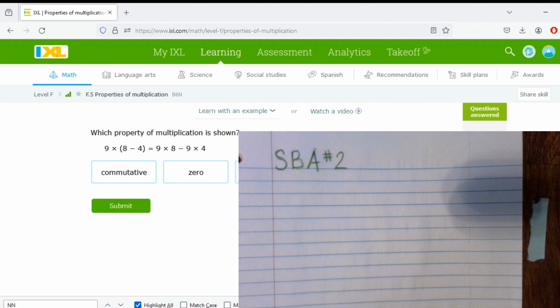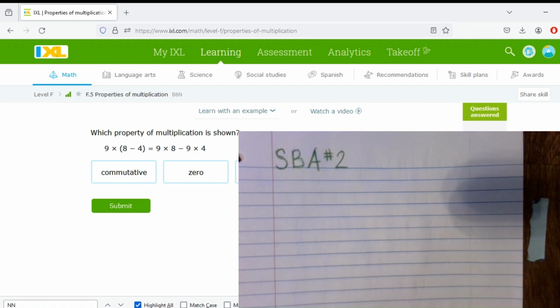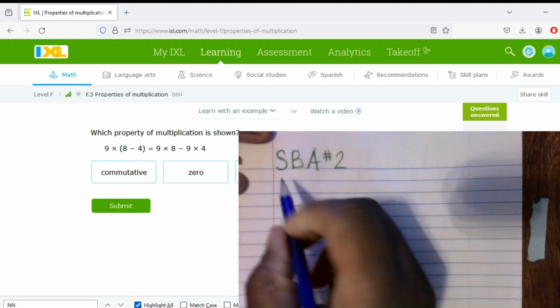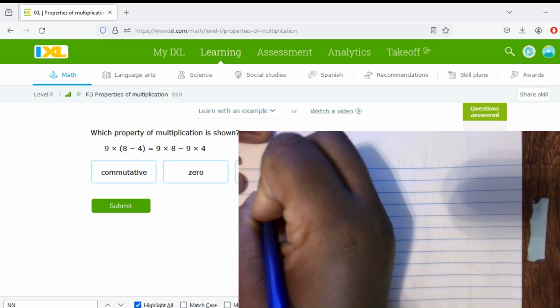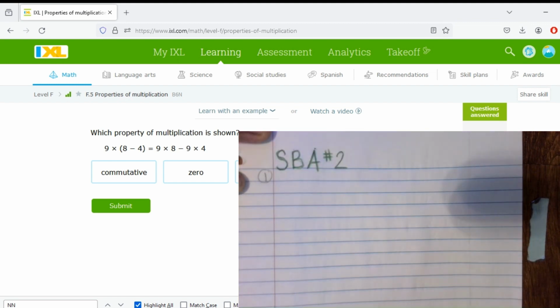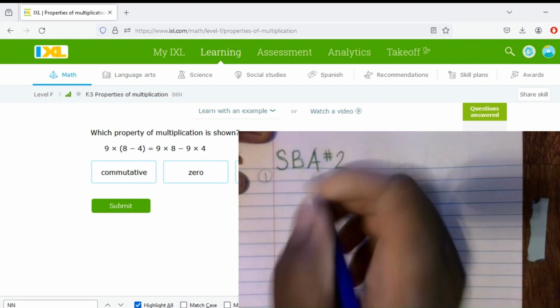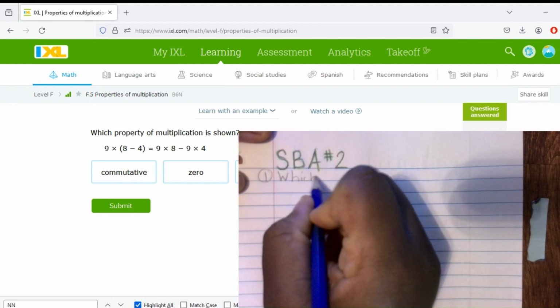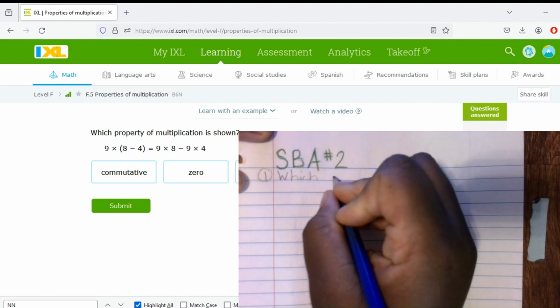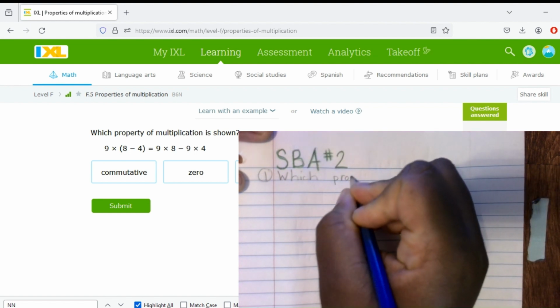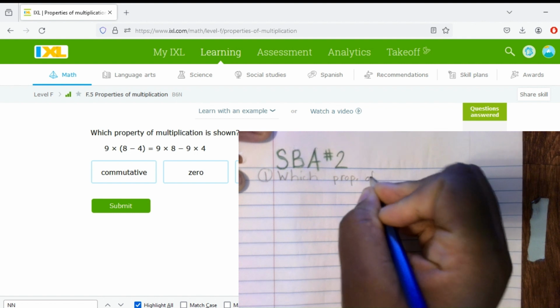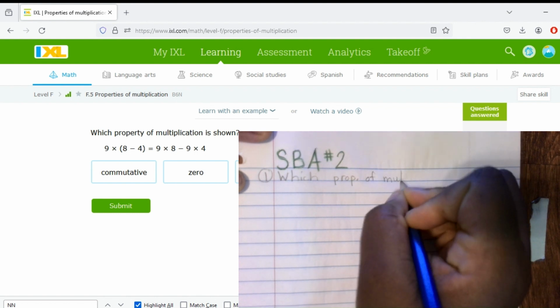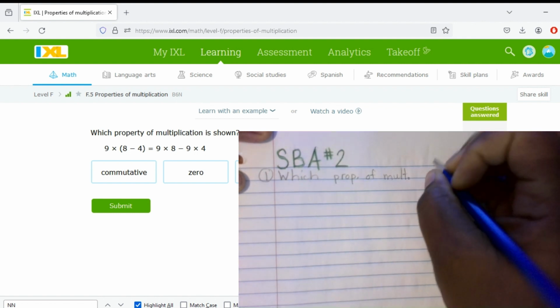So, for this part of Spring Break assignment number 2, dealing with the properties of multiplication, some of these you will have to write down. It says which property, and I'm going to abbreviate the word property with prop. Which property of multiplication is shown?